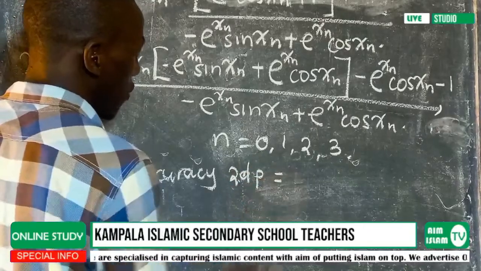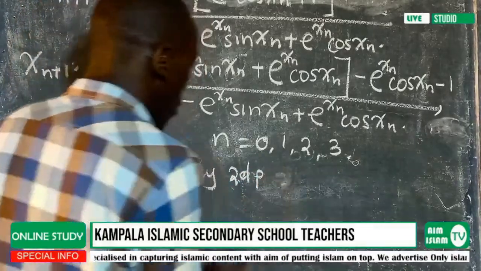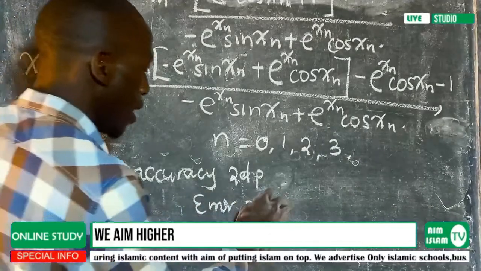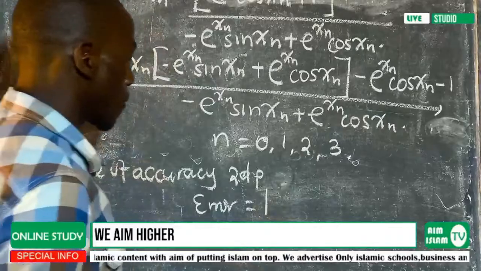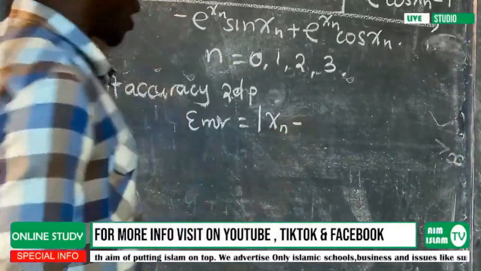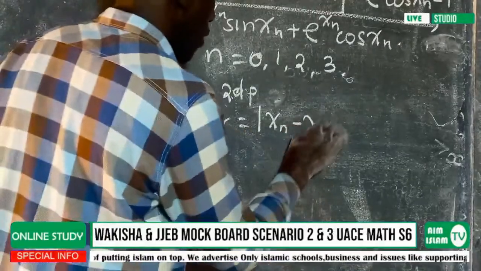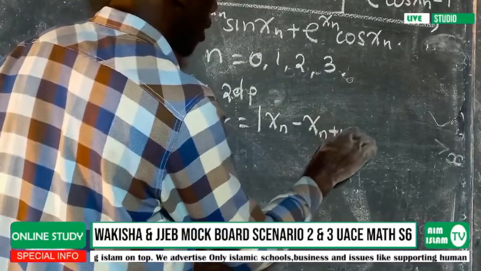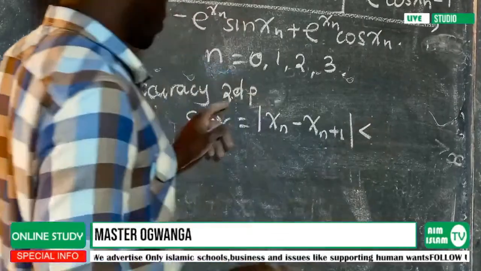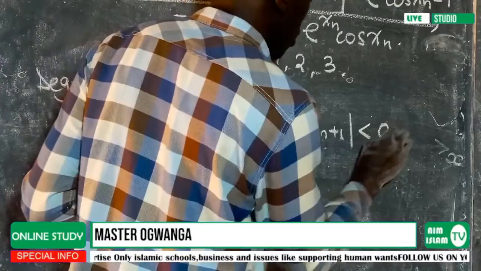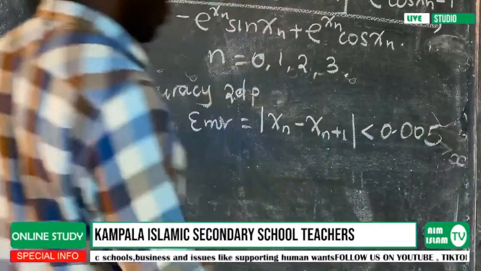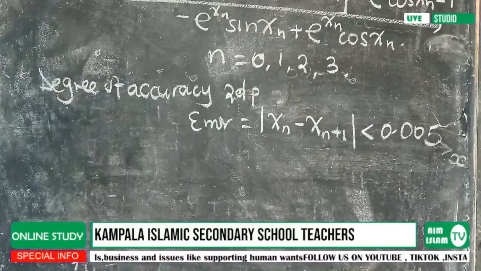They are trying to tell us that the error we are going to get will be obtained from the magnitude of x n, we can also use x n plus 1. The magnitude of x n minus x n plus 1 should be less than, when you talk of 2 dp, 0.005.